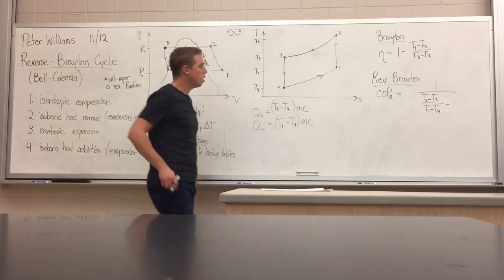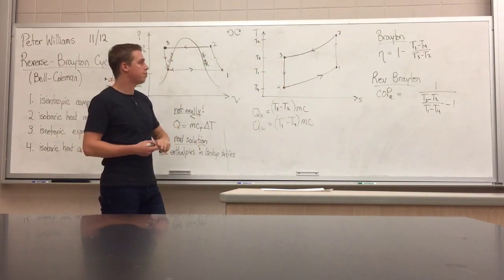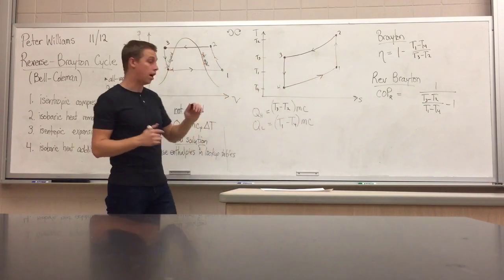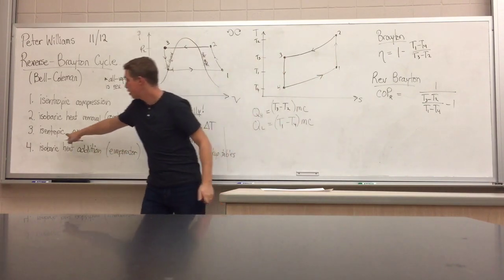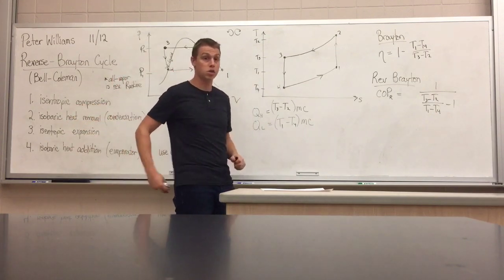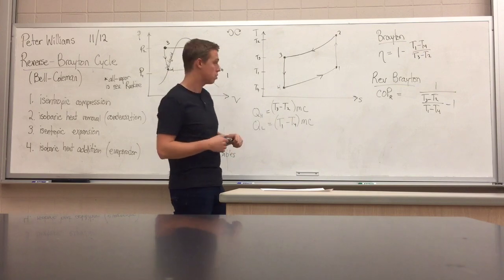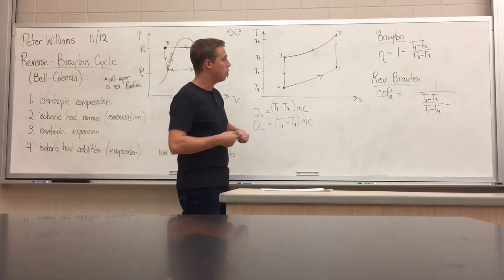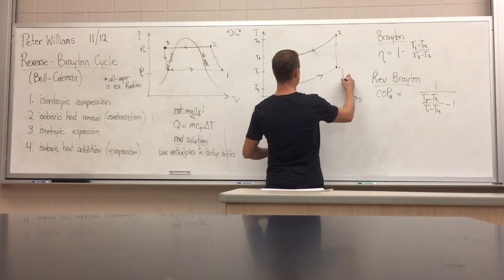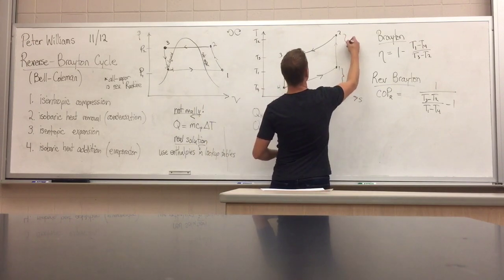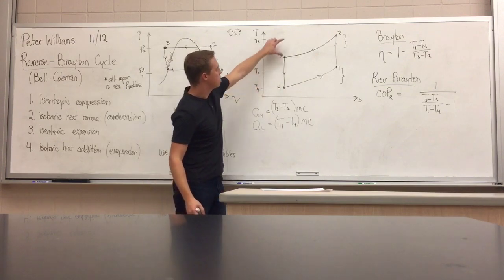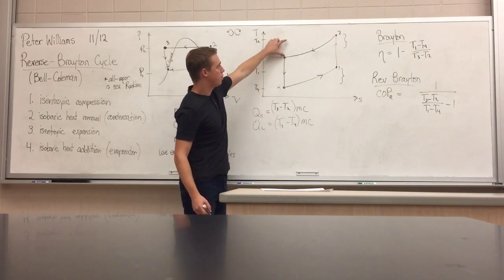And now let's talk about what the numbers would come out to. Well, in this ideal case, we did isentropic here and here. That means perfect, right? No entropy is generated. There's no entropy change. So what that would mean is that this gap in temperatures, the gap between 1 and 4, is the same size as the gap between 2 and 3.